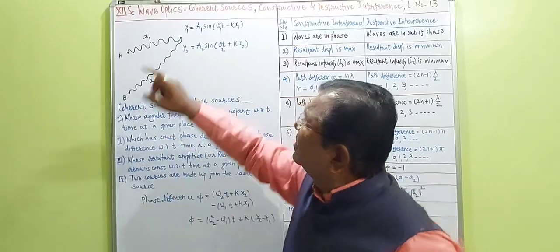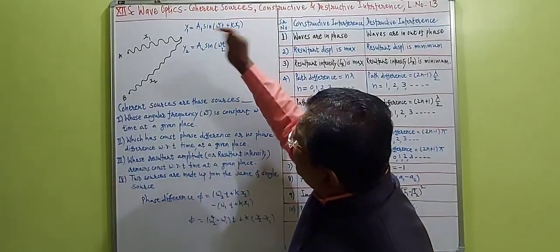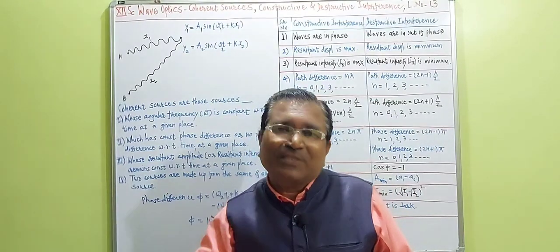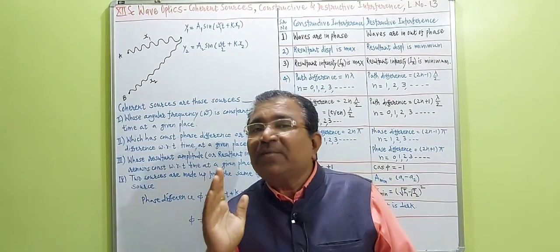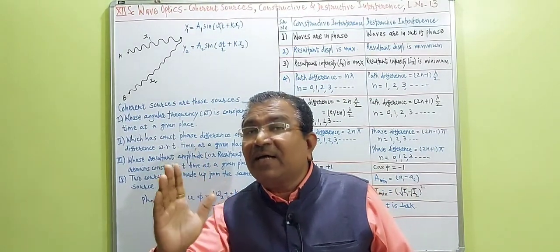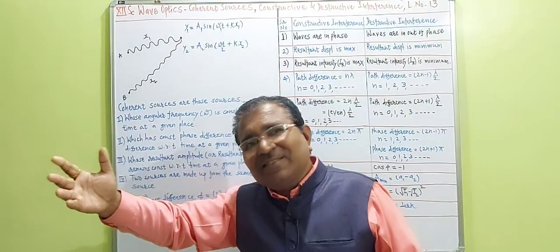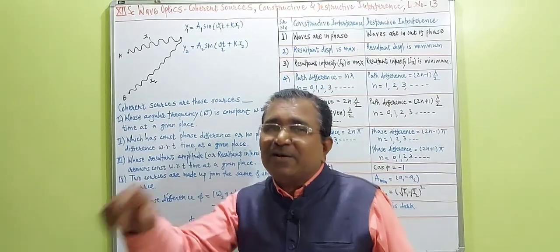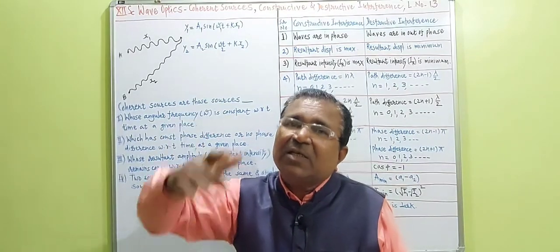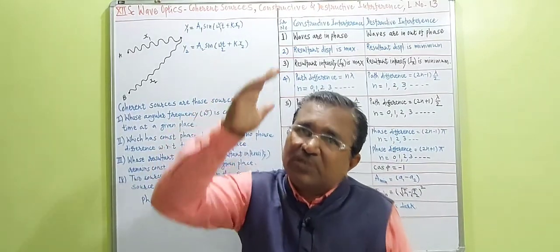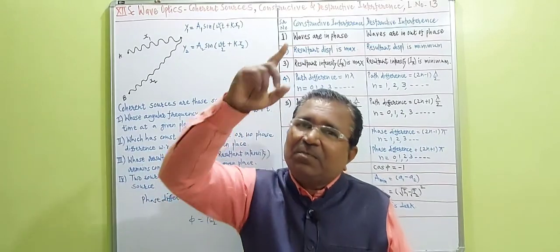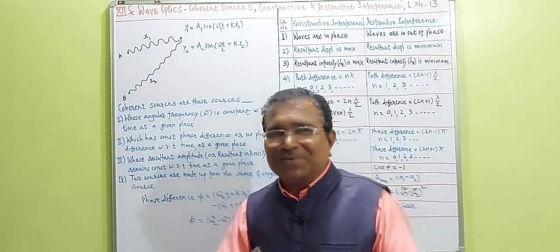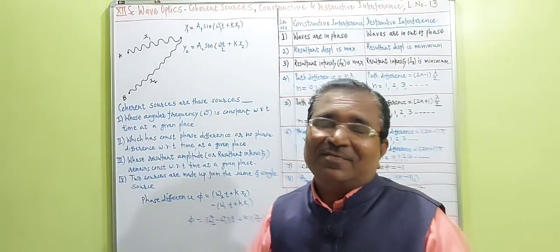Rapidly we get bright point, dark point, bright point, dark point at the same position. We should get bright and dark points at different positions to get a good interference pattern. And for that purpose, angular frequency must remain constant with respect to time at a given place. That is the most important thing, dear students.